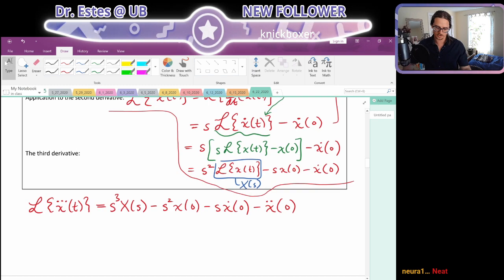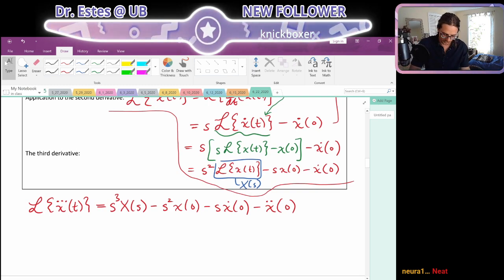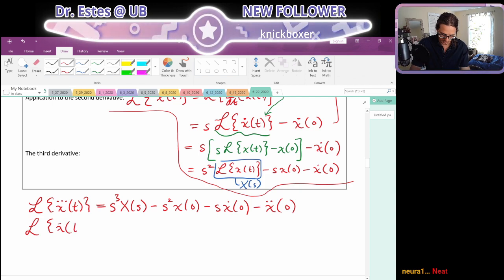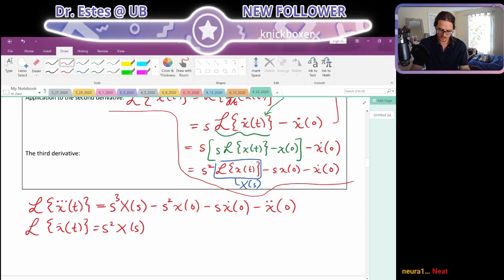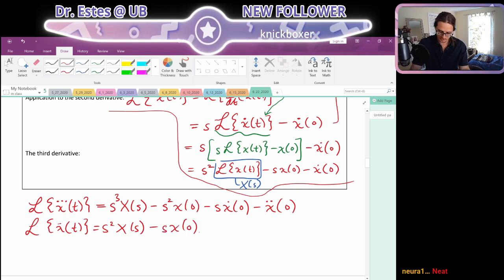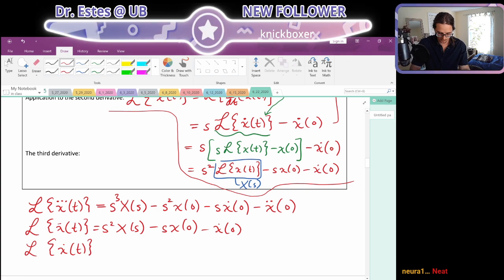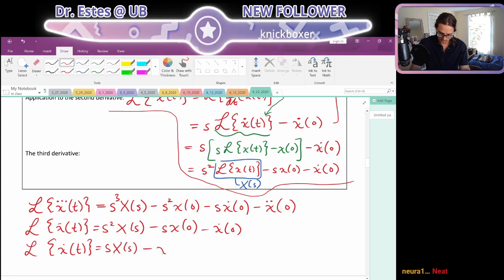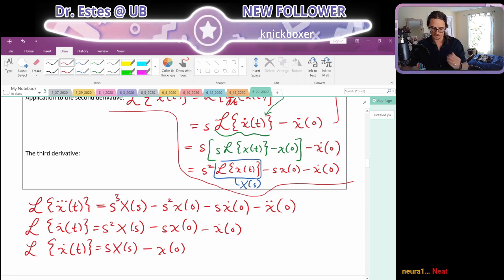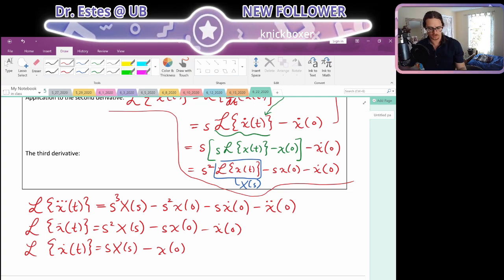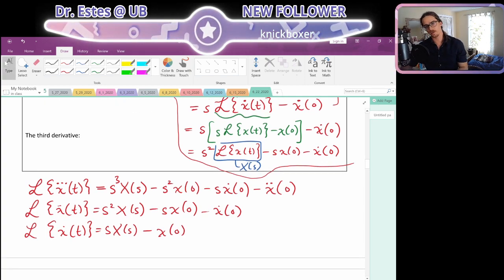So there's a pattern here. Maybe I'll rewrite the other ones so you can start to see it. The second derivative was s squared X of s minus s x naught minus x dot naught. The first derivative, that was s X of s minus x naught. So I bet just comparing these three lines, you would be able to write what the Laplace transform of a fourth derivative was.